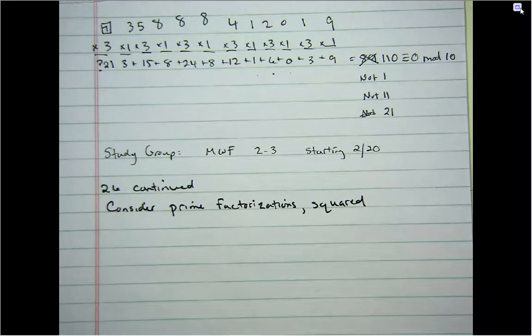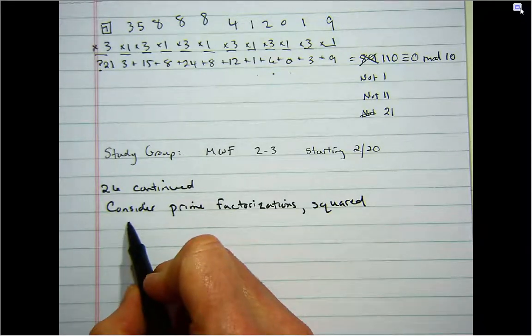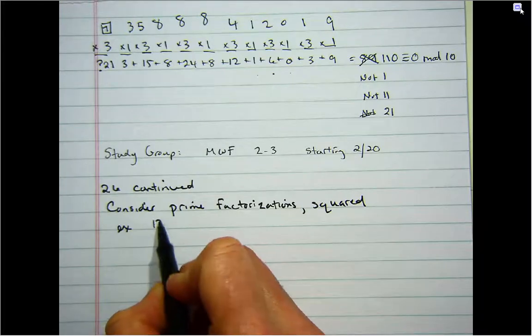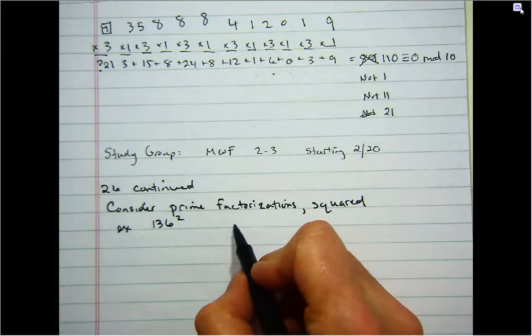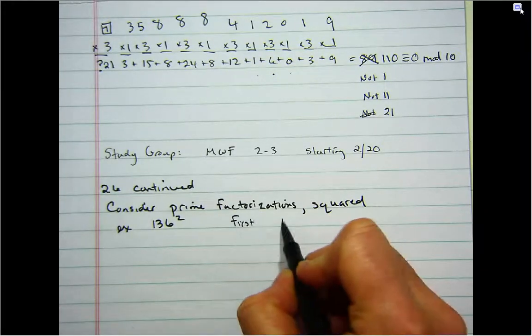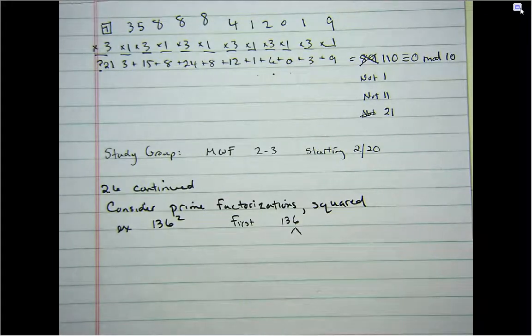So when I have something like 136 squared, I don't have to multiply out 136 times 136 and then find the prime factorization. That would be a very big number. Instead, I can first find the prime factorization of 136. So remember how we do this. We start trying to see what divides into 136.